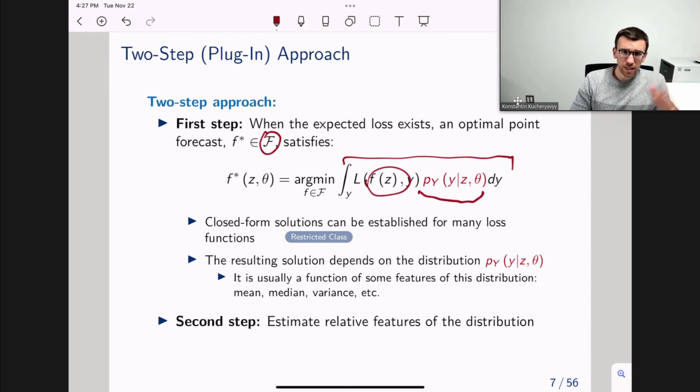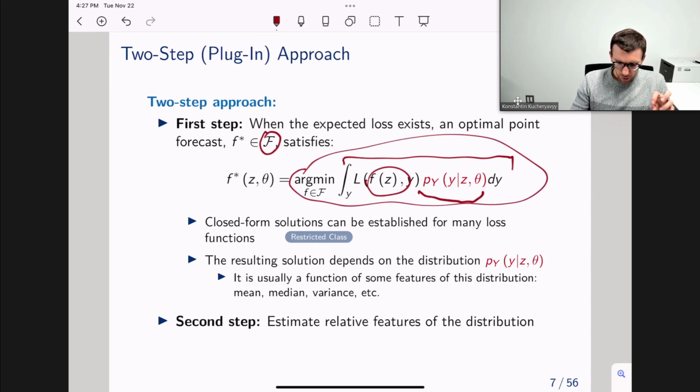And then in the second step, instead of solving this problem, so this is our first step, we then go and estimate a feature of the distribution that is needed to construct the decision rule.